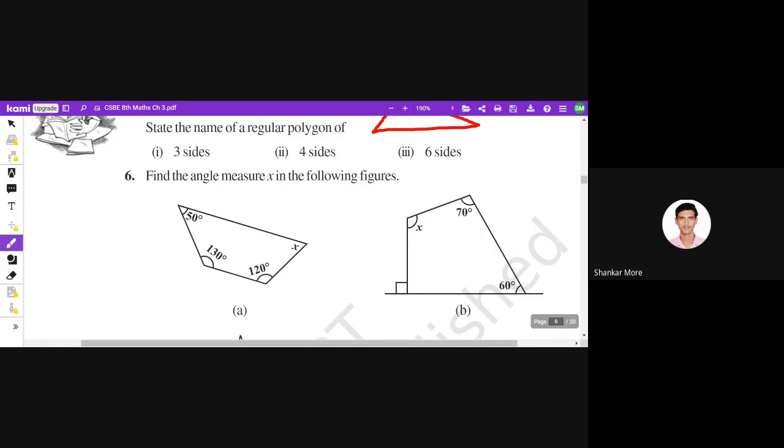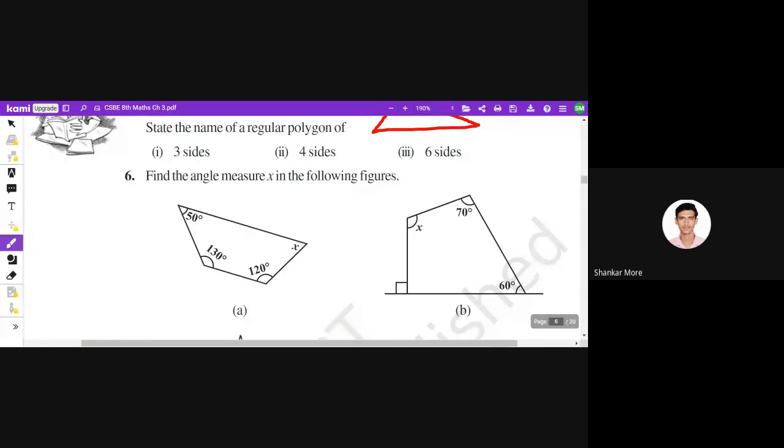X plus 50 plus 130 plus 120 is equal to 360. If you add 50 plus 130 plus 120, 120 plus 130 is 250, 250 plus 50 is 300, and if you subtract 300 from 360, x is going to be equal to 60.